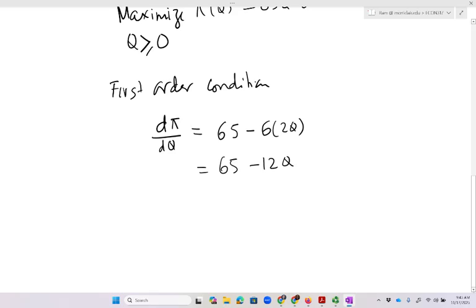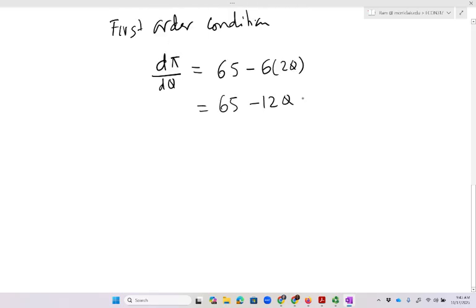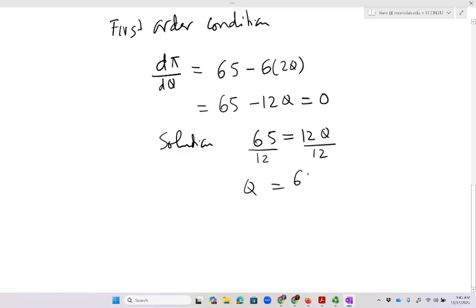And the first order condition means I would like to make it equal to 0. So the solution turns out to be 65 equal to 12Q. I divide both sides by 12 and I get Q to be 65 over 12. So if the profit is maximized at any output, then the candidate is output equal to 65 over 12.